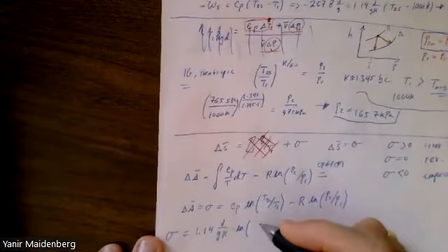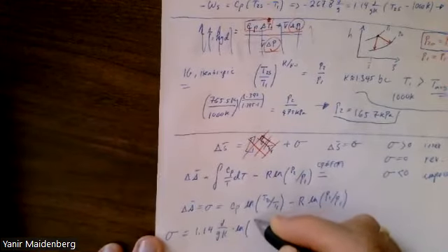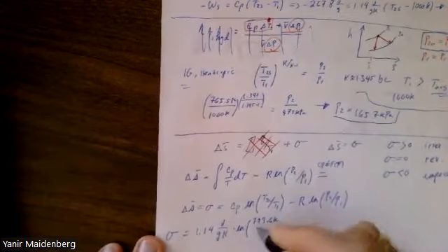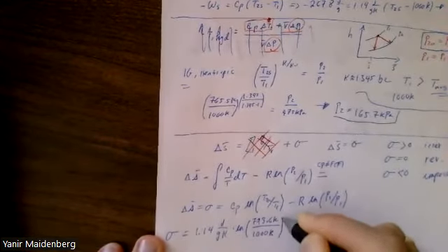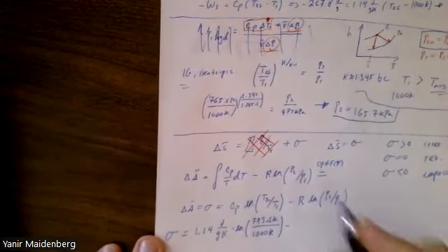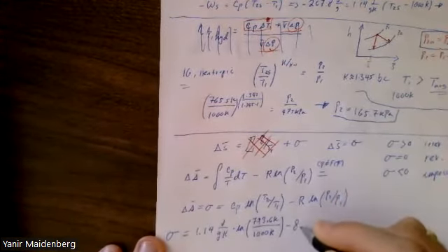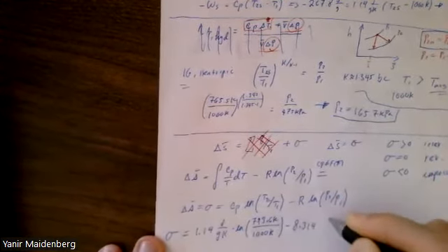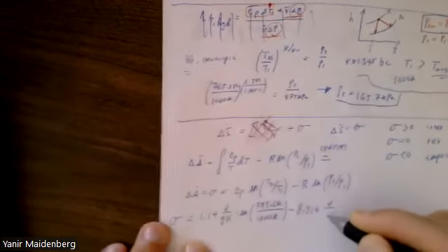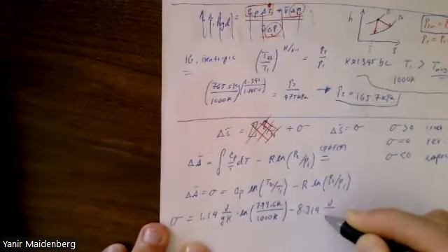So 793.6 Kelvin divided by 1,000 Kelvin. Okay, now this R is going to give us some trouble because it's got mole in it. So let's get rid of the moles. We know it's air, so we'll be able to get rid of that really easy that way. 8.314 joule per mole Kelvin.